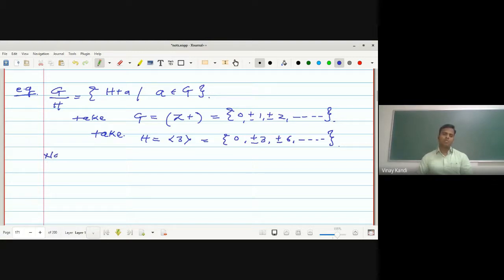Now, how will a plus h be a group? Now take small a equal to 1.